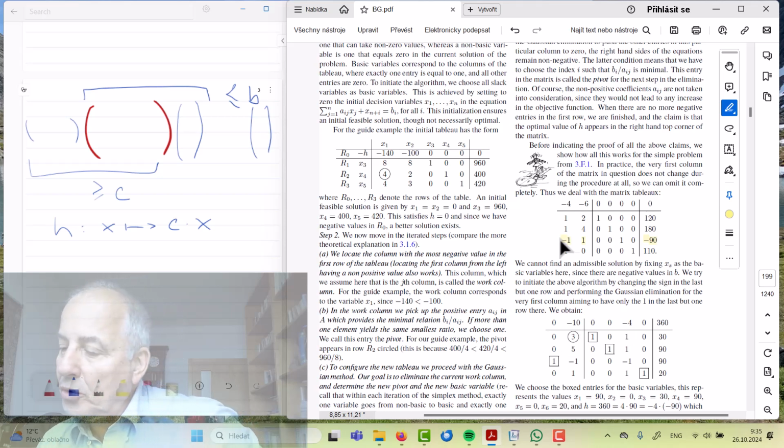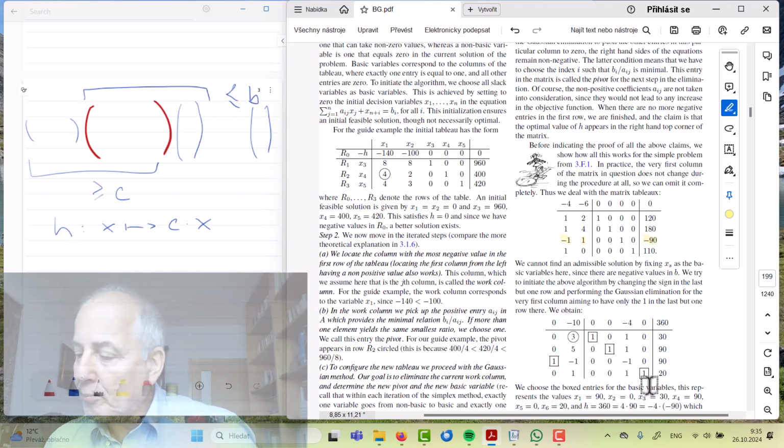So if you do it here, you could just check yourself that I just take this with opposite sign only, and then I do the Gauss elimination with the rest, so that I get the zeros here, and this will appear in the other ones, right?